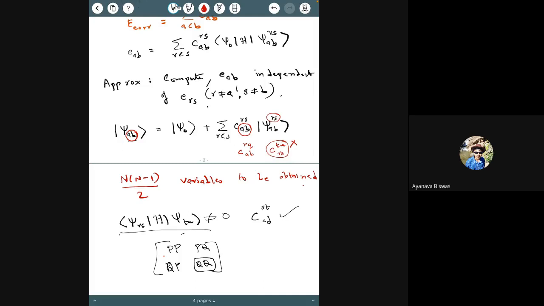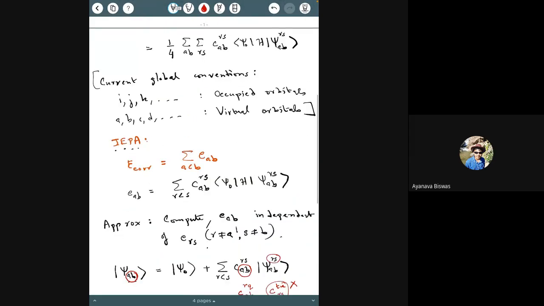And you said that IJK are occupied orbitals? Yeah, I just mentioned this in case you refer to some recent paper at some point. The currently accepted naming convention, that's just names, is that the IJK letters are used for occupied orbitals and ABCD are used for virtual orbitals. But in Szabo and Ostlund, ABCD are occupied and RSTU are virtual.